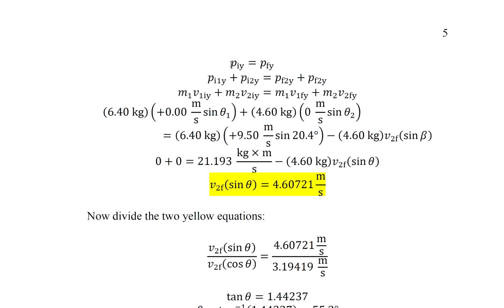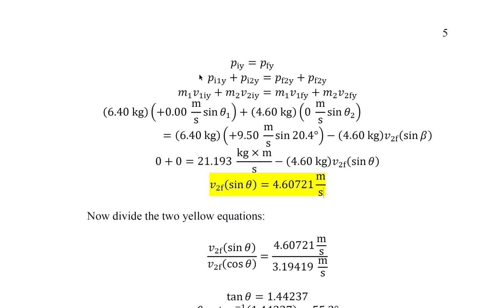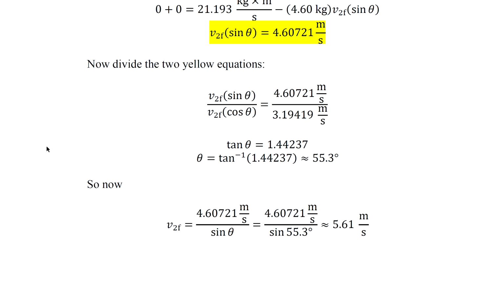Now I'm going to use the law of conservation of momentum in the vertical direction. I know there were two objects in the beginning, two objects in the end. I know P equals mv. I substituted for everything that I know, and now I get this equation. So now I'm going to divide the two yellow equations.